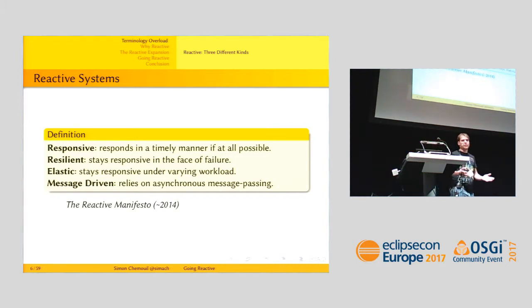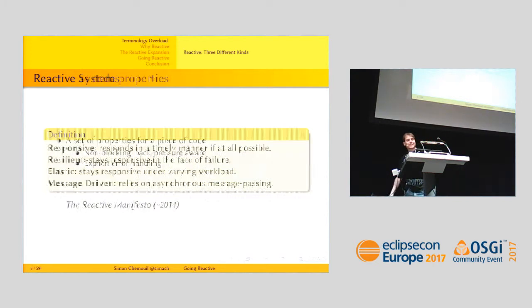Who can disagree? And they're a bit more opinionated when it says it has to be message-driven. But that's not what reactive code is. That's when you're talking about systems. And maybe if you use reactive code in all of your system, then you're going to have a reactive system. But still, these are different things.